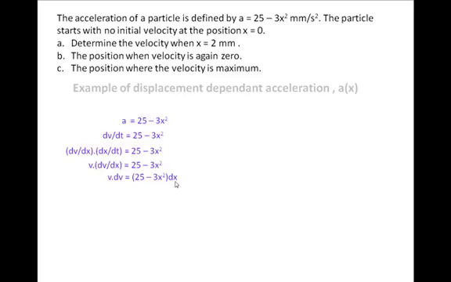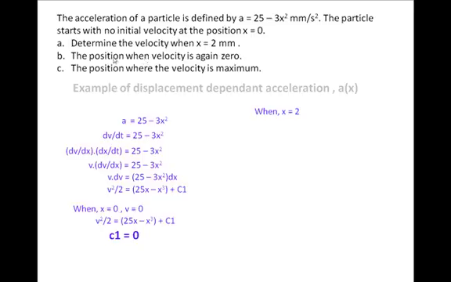And both sides you can integrate. You will get v square by 2 equals 25x minus 3x cube by 3, that is x cube, plus a constant of integration. Now because of the condition x equal to 0, no initial velocity, we can work out c1, and that c1 will work out to 0. And therefore you have a clear expression for v, without this c1.